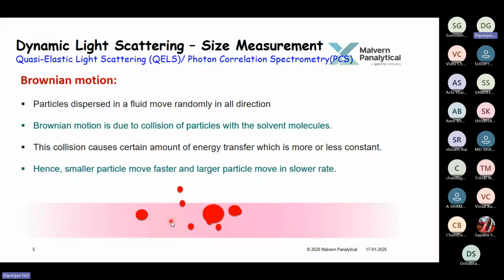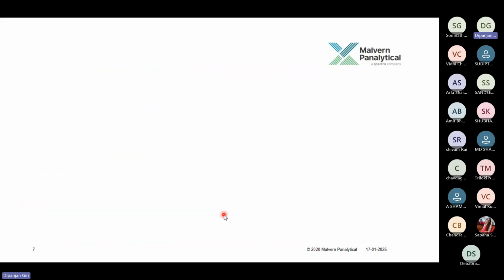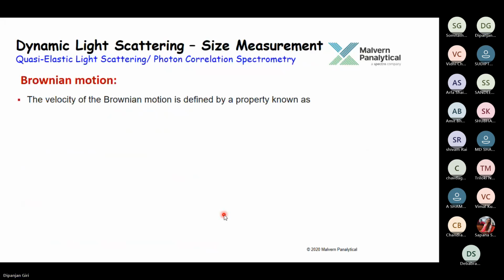This collision causes a certain amount of energy transfer, which is more or less constant, and therefore the smaller particles will move much faster and the larger particles will move more slowly. Now the velocity of the Brownian motion is defined.